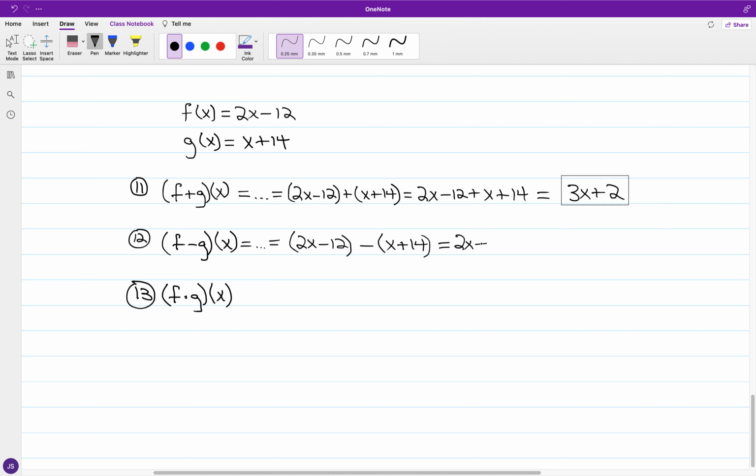Okay, so 2x minus 12 is unaffected. But with x plus 14, with the subtraction before it, okay, we'll have the terms become negative x and negative 14. And the difference, 2x minus x, we have an x. Negative 12 minus 14, okay, that would be minus 26.